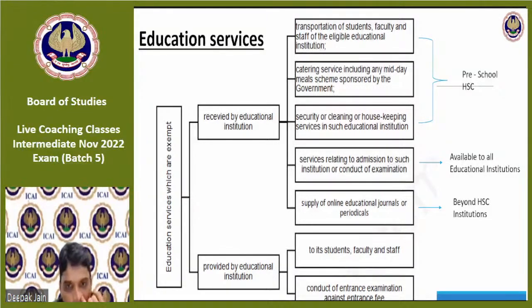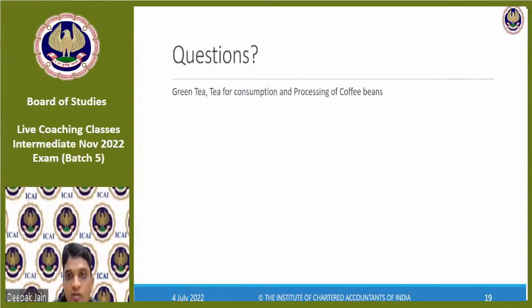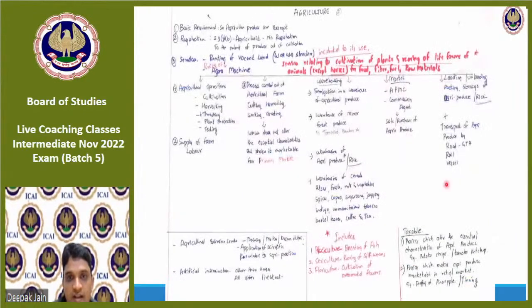Rice, so is rice an agriculture produce? No, rice is not an agriculture produce, but since it is not an agriculture produce, that's the reason they have included it in the various definitions to make its warehousing also exempted, and those activities relating to what we have seen. In agriculture services, we have seen rice being included at two places, right? I'll just take you to this slide again.